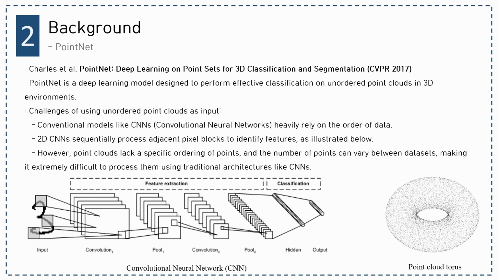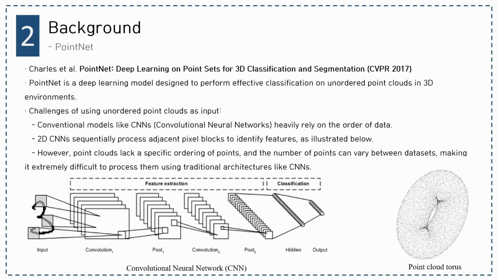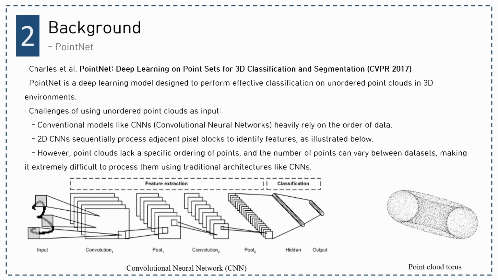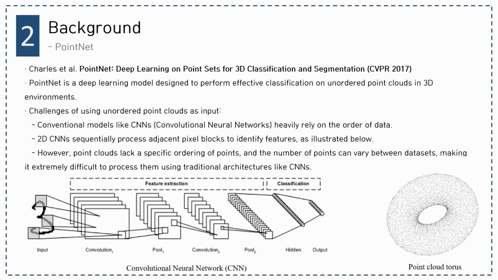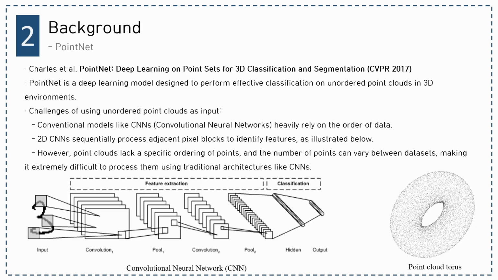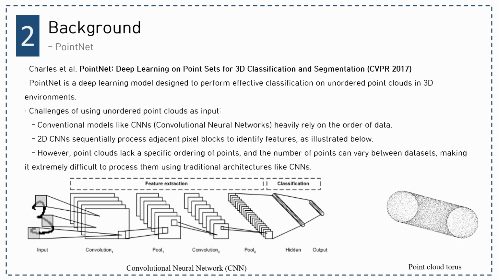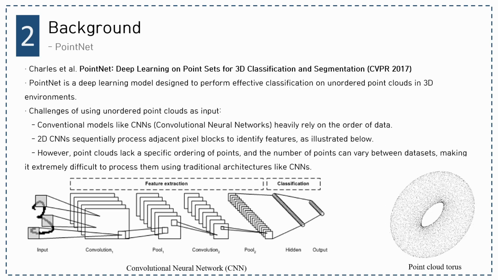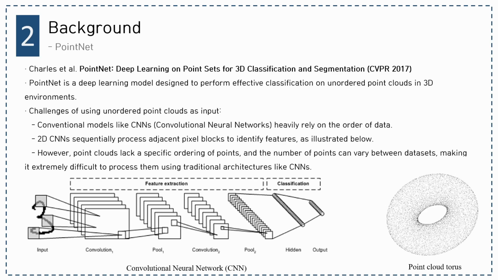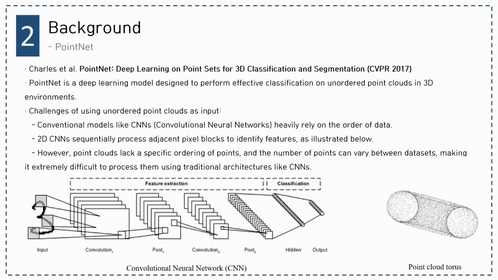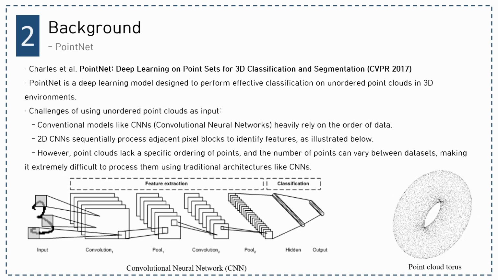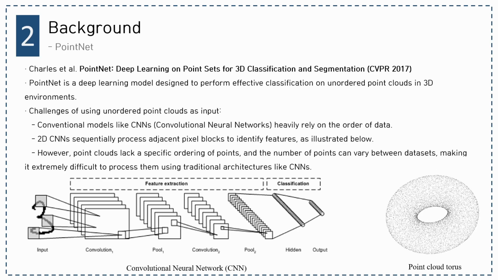The next concept is PointNet. PointNet is a deep learning model designed to directly use unordered point clouds as input for effective classification. Virtual objects consist of numerous vertices and edges densely connected.